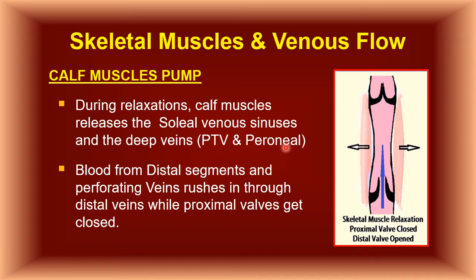During muscle relaxation, what happens? The skeletal muscles, the gastrocnemius and soleus muscles, are relaxing now. The blood that was pushed up starts to return back. As it returns back, it closes the proximal valves. But when the muscle relaxes, it allows some room inside the vein, and this increased capacity or volume allows blood from the distal veins to collect back inside this area.